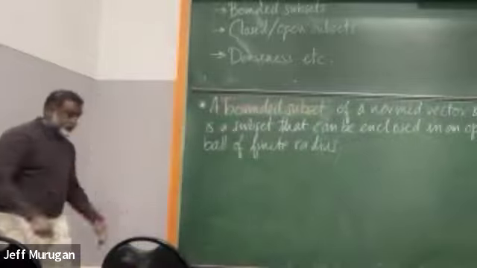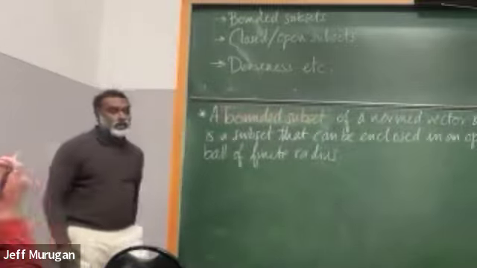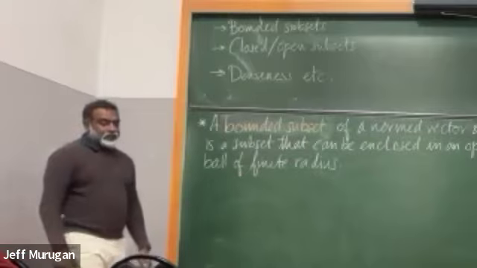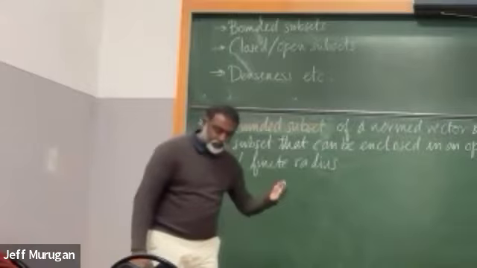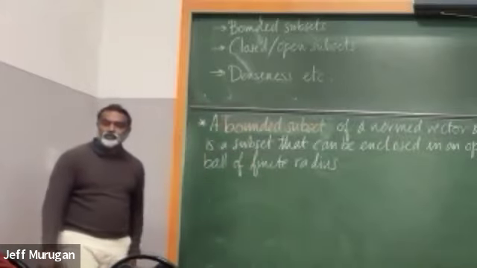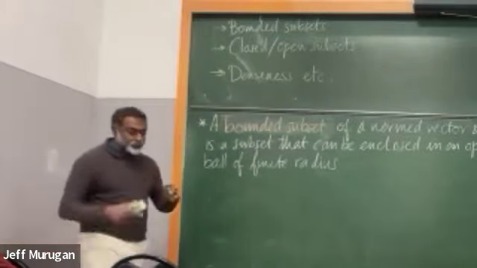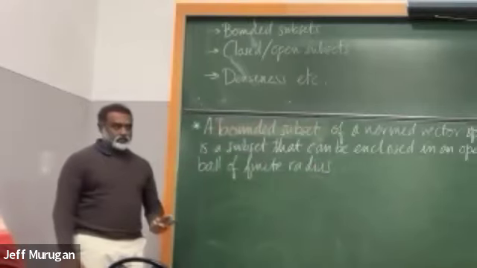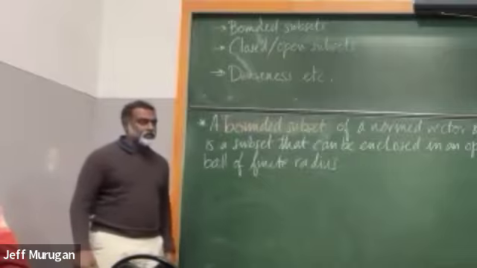Key point is that it has a finite radius. So if you want to anchor to some intuition, any region that you can draw on a piece of paper is a bounded subset of R2, since I can always find a sufficiently large circle that will enclose that region on the piece of paper. Okay?